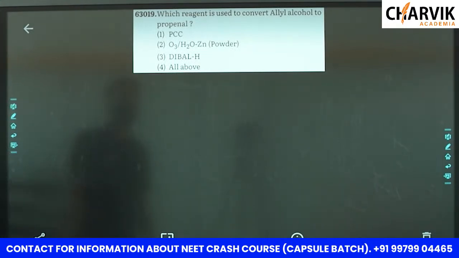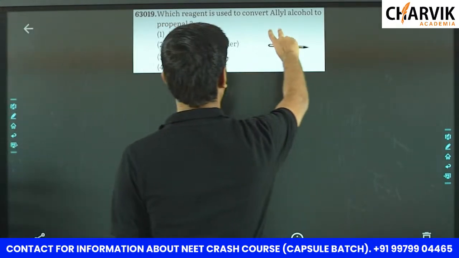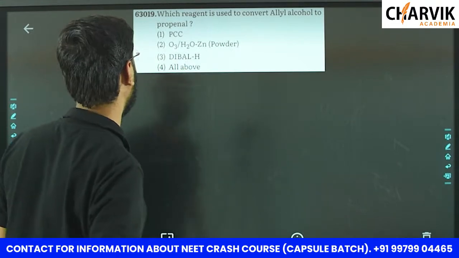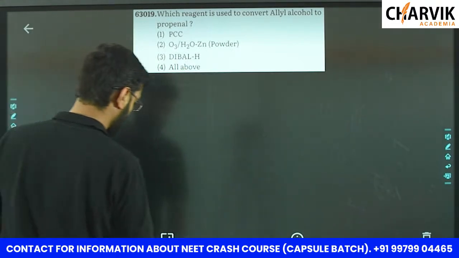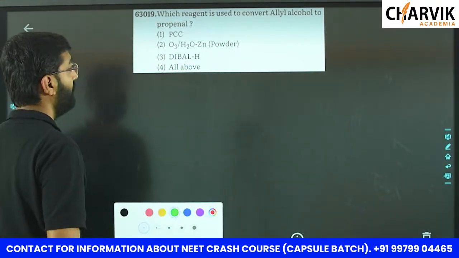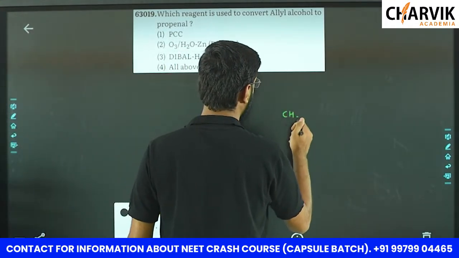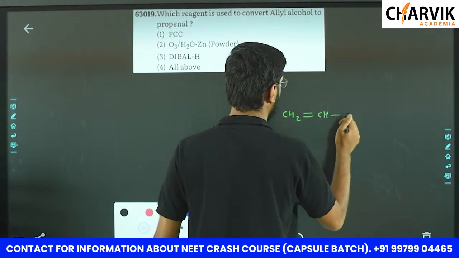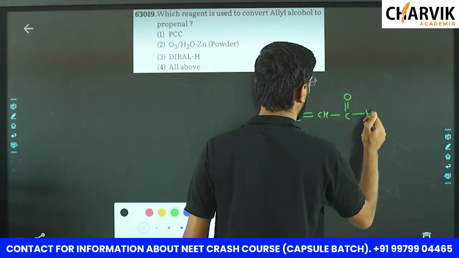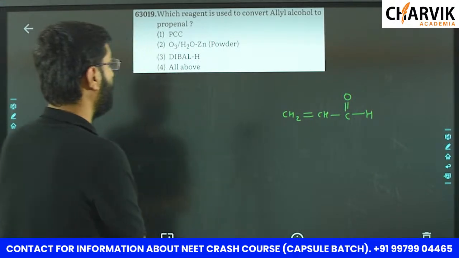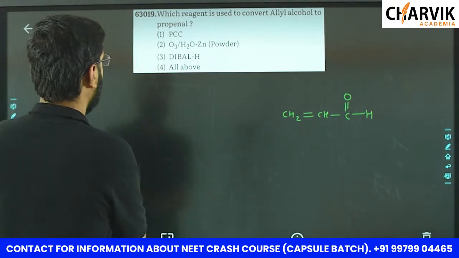Which reagent is used to convert ethyl alcohol to propanol? Wow, good question. Really good question. What is the structure of propanol? CH2 double bond CH, C double bond OH. This is your propanol, right?